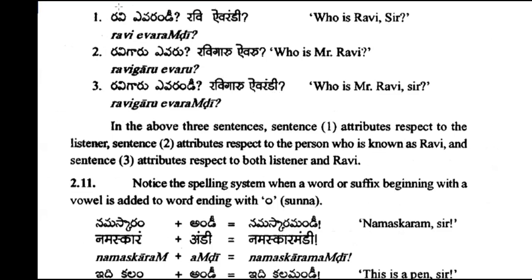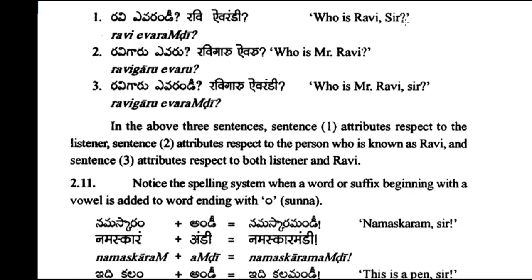Then Ravi Yavarandi. Who is Ravi, sir? In English, they use sir to show respect. We don't translate the Telugu sentence as it is, but to give the same kind of approach, we added Andi.